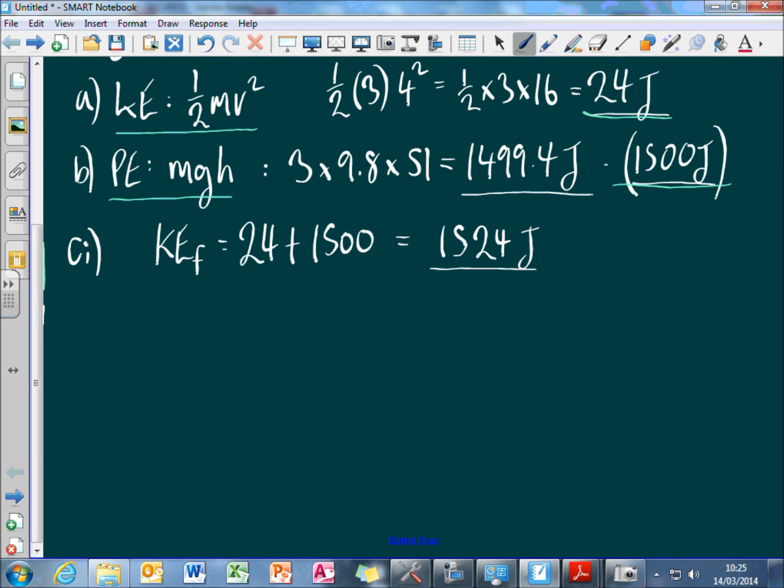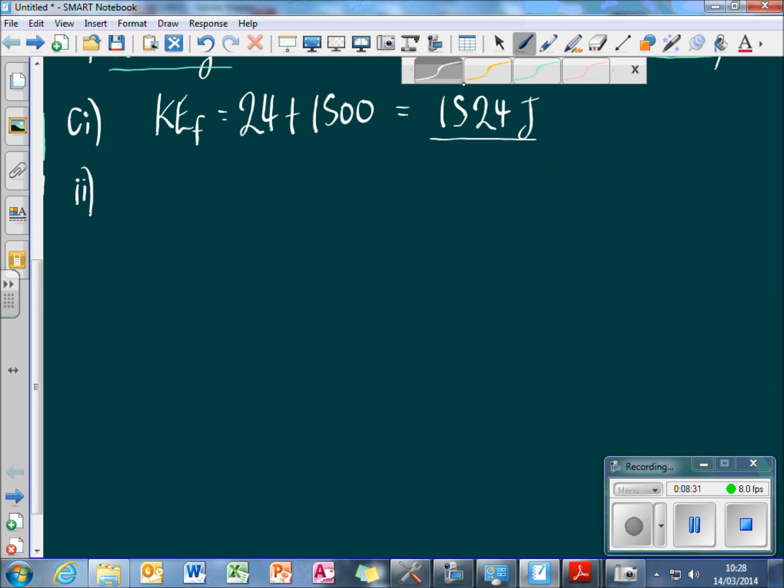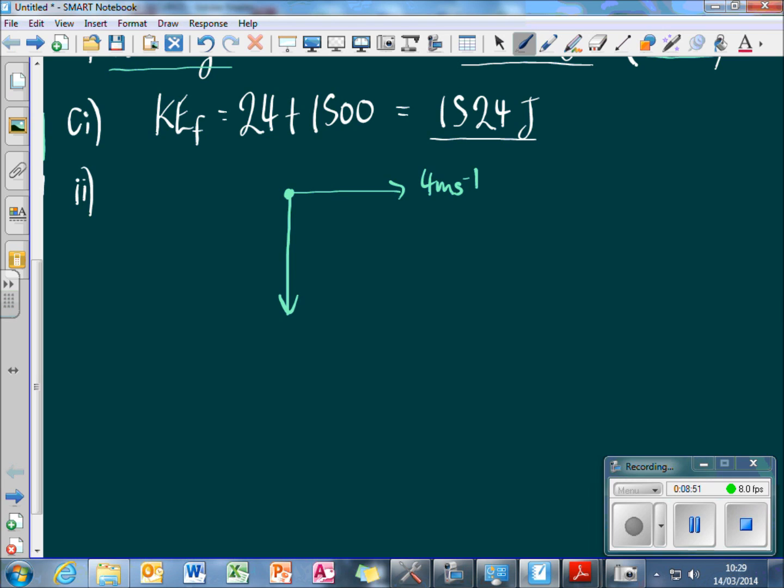So to find the speed of the rock, well, when it hits the surface, it's got 2 components of velocity. Okay? So when it hits the surface, this stone is still moving horizontally at 4 meters per second. Do you agree with that? And it's also gained all this velocity from falling, V. We don't know what that V is.